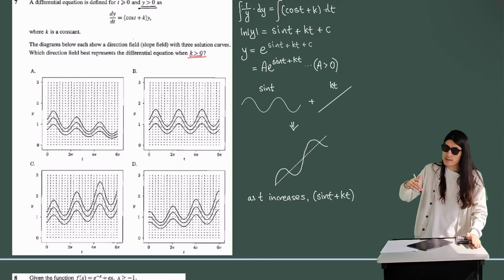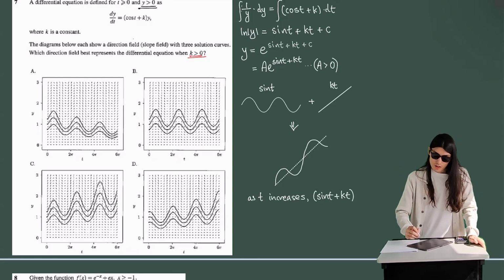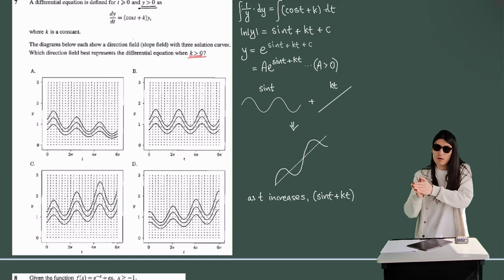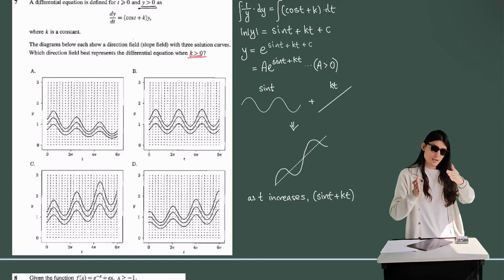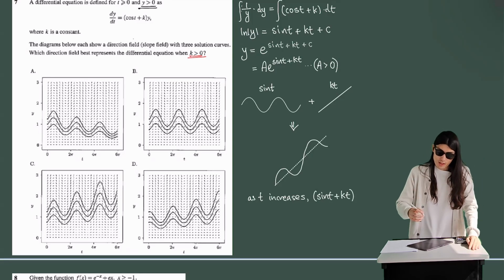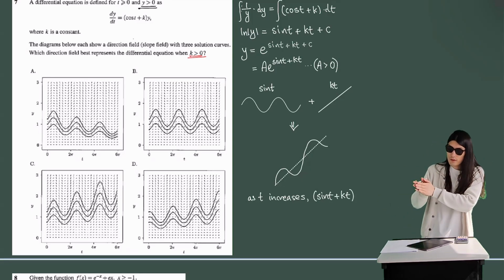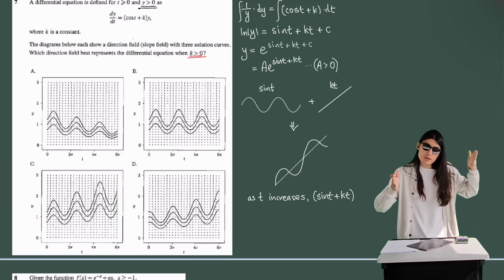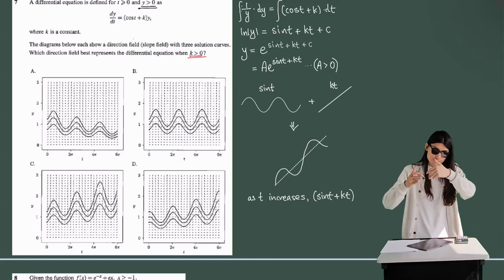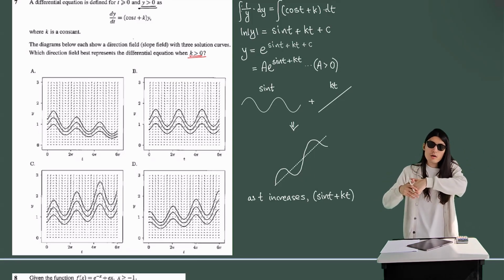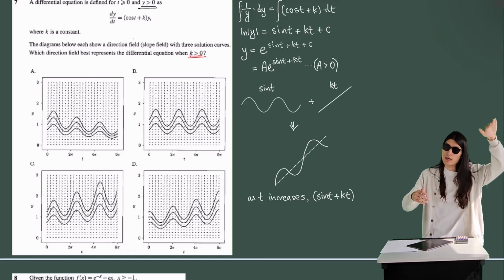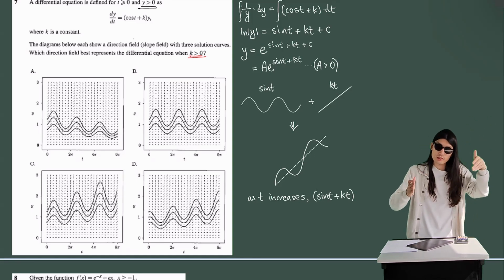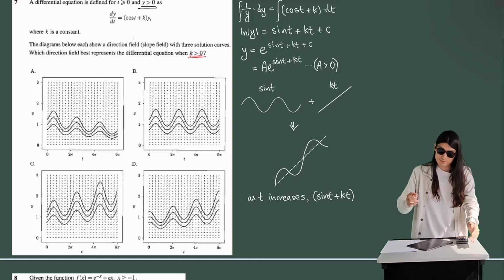It oscillates, okay? But over large intervals of t, that is, rather than just focusing on one single oscillation, if you focus on a large interval of t over multiple oscillations, because the graph oscillates about an increasing line, over multiple oscillations the graph actually increases, doesn't it?